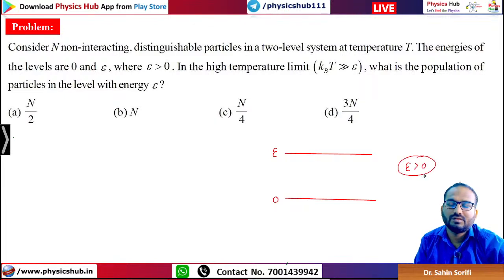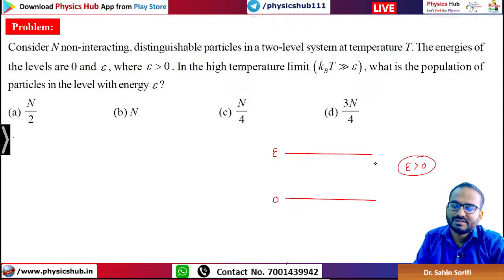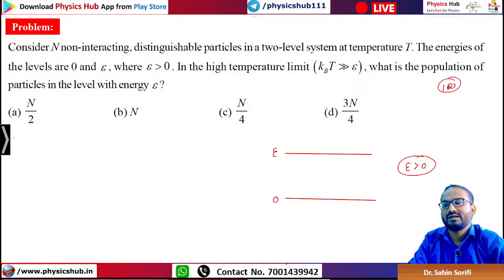Look, if we multiply the total number of particles with the probability, that gives you the number of particles in that particular level. Let's say the probability of getting this energy level is 0.35. So how many particles will be there? It will be n into 0.35. Let's say 100 particles are distributed in two energy levels.